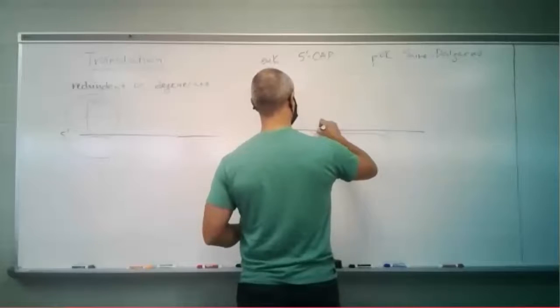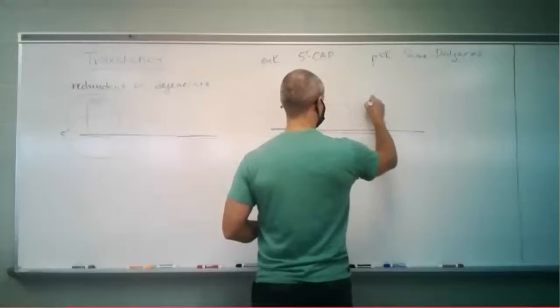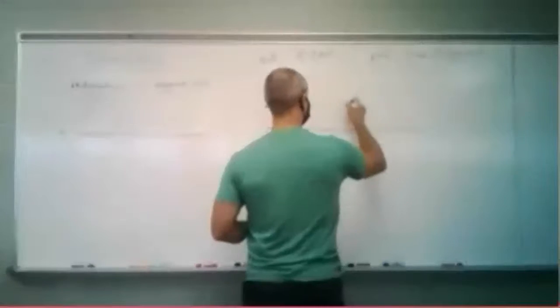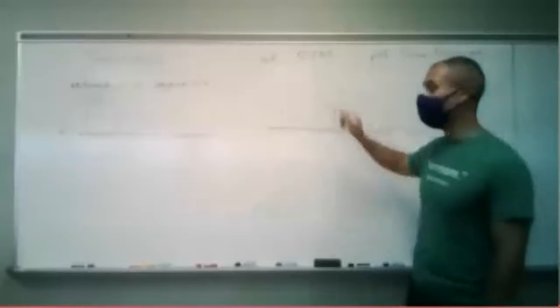Now it turns out in the large subunit, there are 3 sites. A site, P site, and E site. I usually use a mnemonic: A is attachment, P is protein, E is exit.